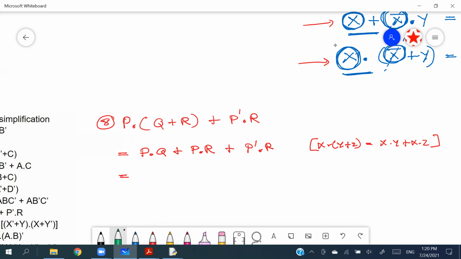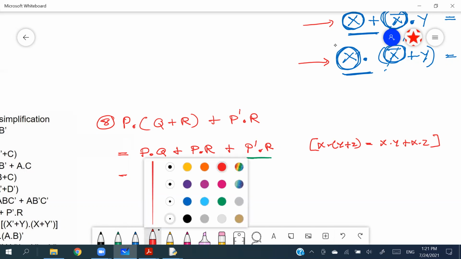So because of that, we have to consider either of these terms with this one, right? So the most suitable one is the second term and the third term, right? Which is P dot R and P bar dot R.